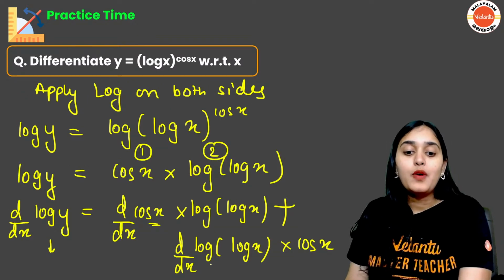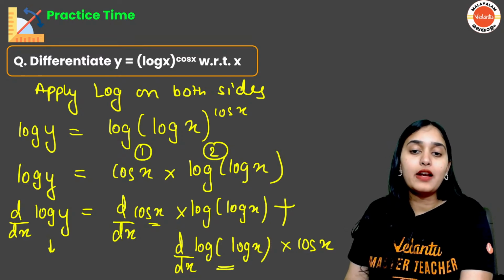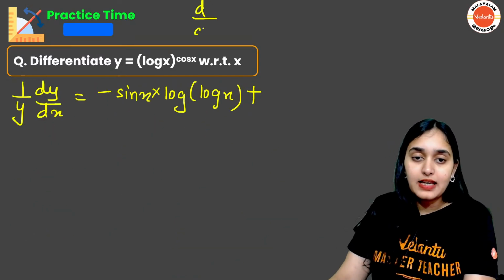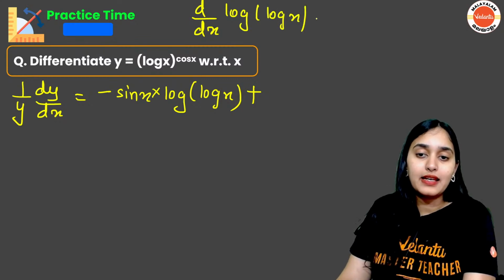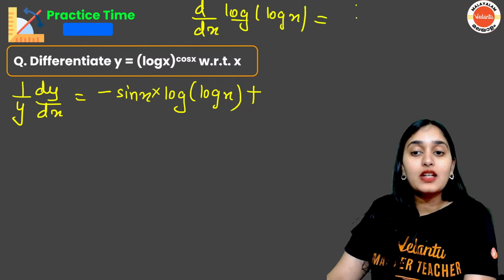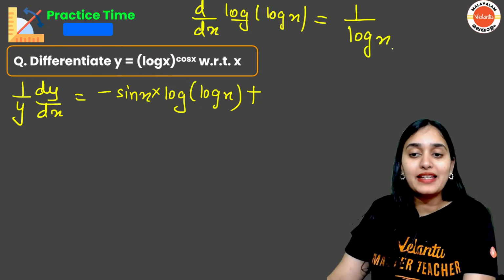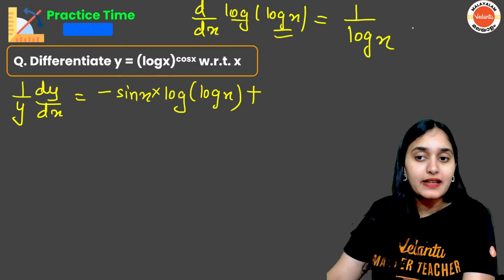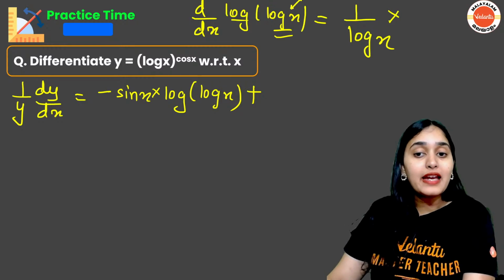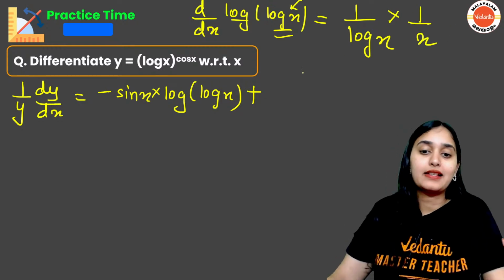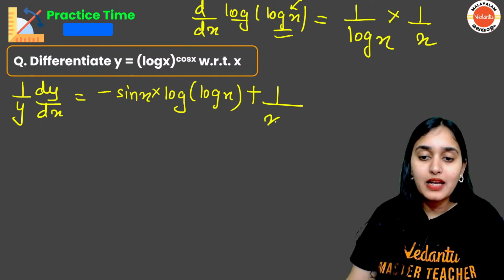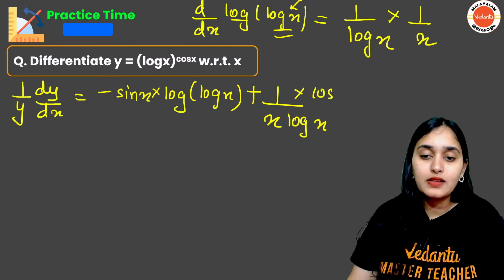Plus, what is differentiation of log x? Log x differentiation is 1 upon x. So my variable here is log x, so 1 upon log x into log x differentiation. Log x differentiation is 1 upon x. So I will get 1 upon x log x into cos x.